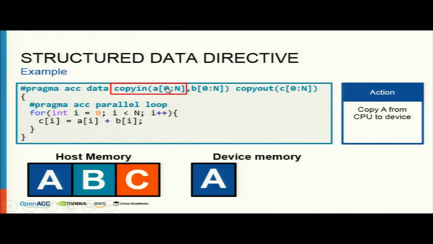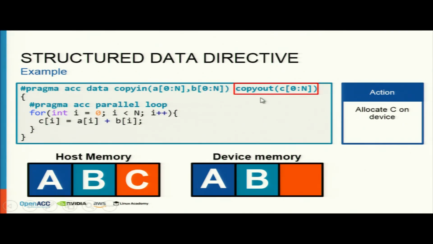Because it is here at this point of time. Then copy A from CPU to the device. It got copied to the device from here to here. After that, it went here. So B got allocated and it gets copied to the GPU from host memory to the device memory.